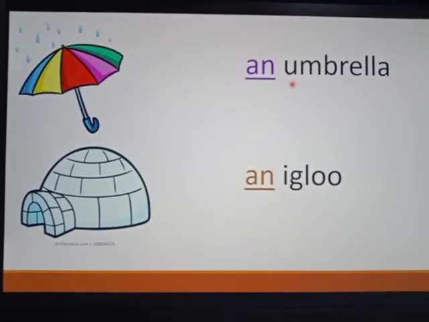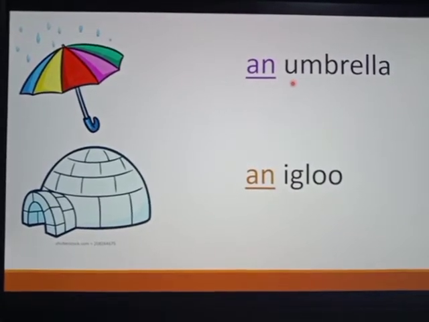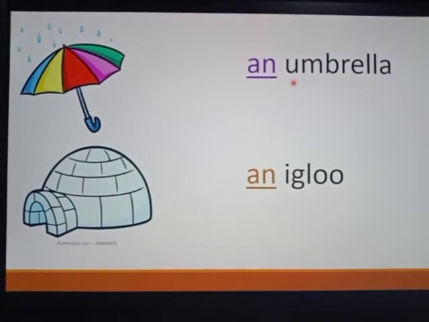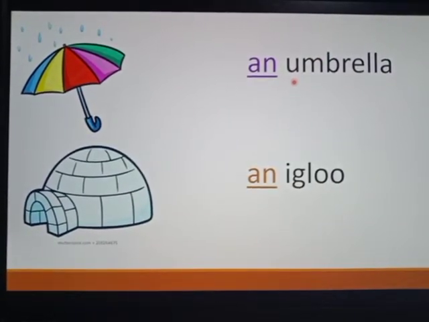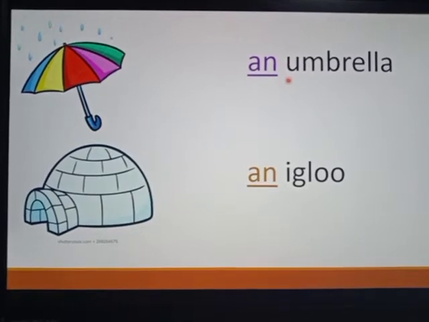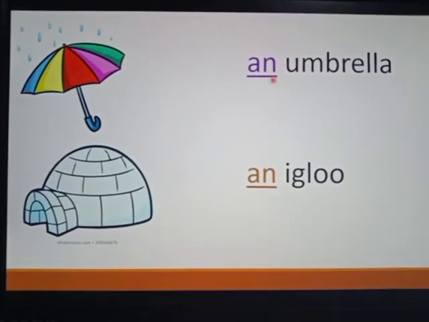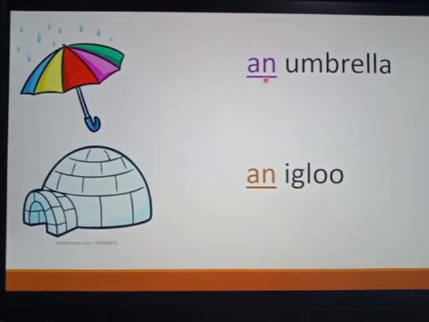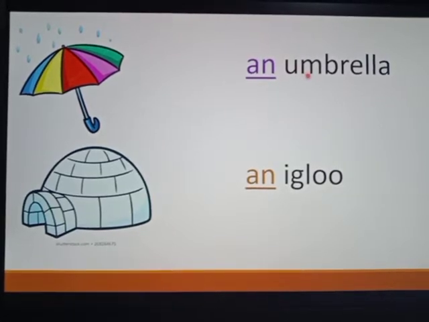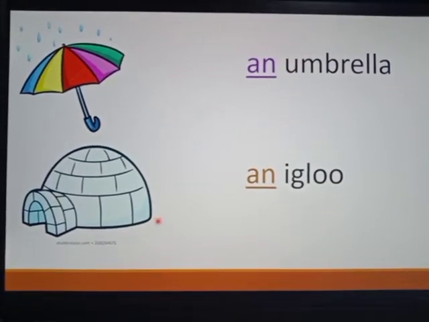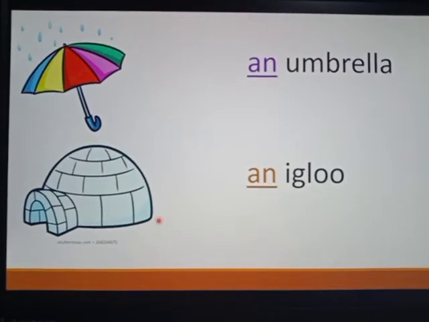Yes, correct, it's a vowel. U. So, we use an before words that begin with vowel sounds. So, how will we read it? An umbrella. Very nice.